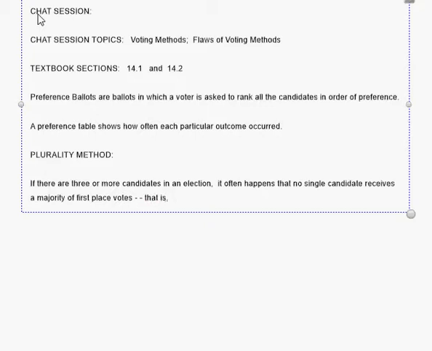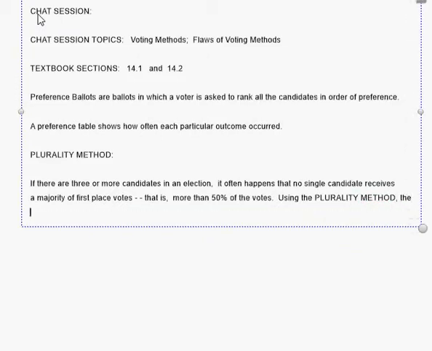That is, more than 50% of the votes. Using the plurality method, the candidate with the most first place votes wins.